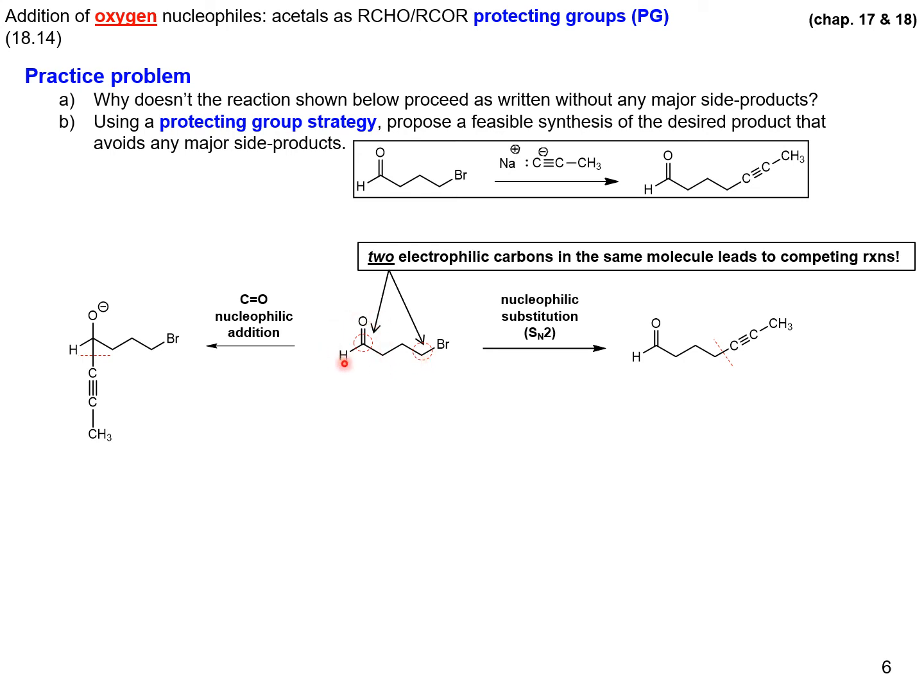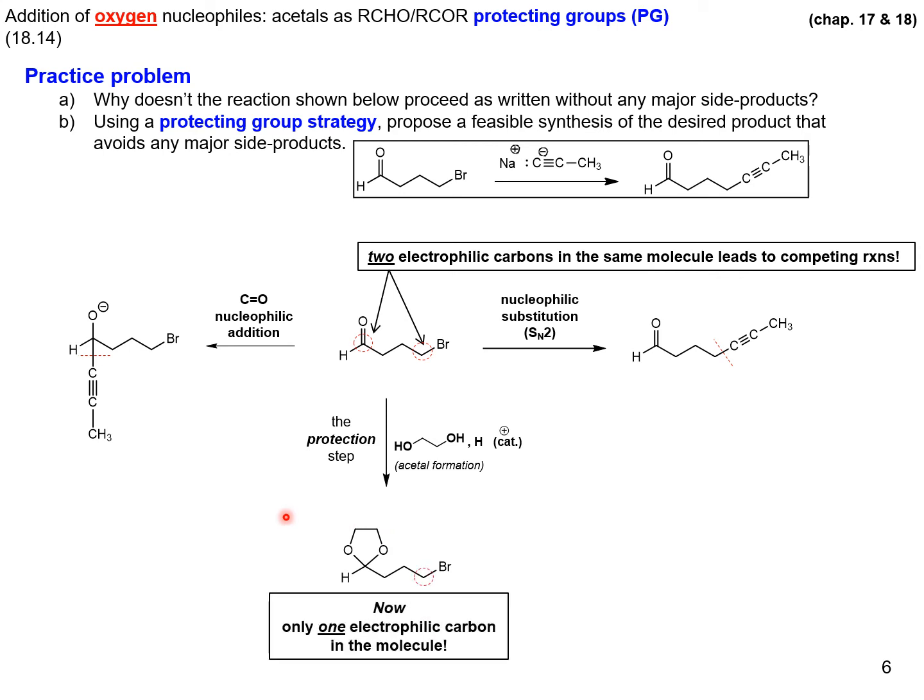But I remember that aldehydes and ketones can be converted to acetals. So it's possible for me to take this molecule and convert its aldehyde group to an acetal functional group. Now this molecule has only 1 electrophilic carbon.